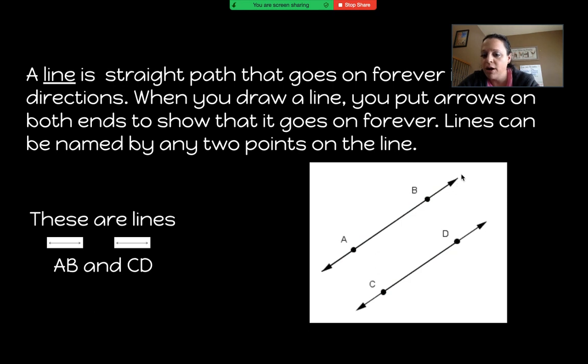So here's our arrow, so that means it's a line. And this right here would be line AB. So here's how we'd show that. And then here we have line CD. And that's how we would show CD. So arrows and capital letters.